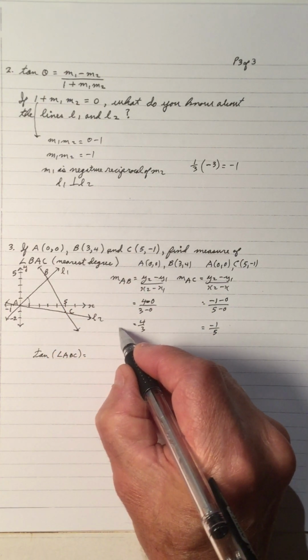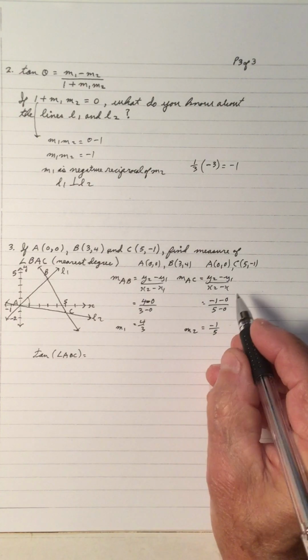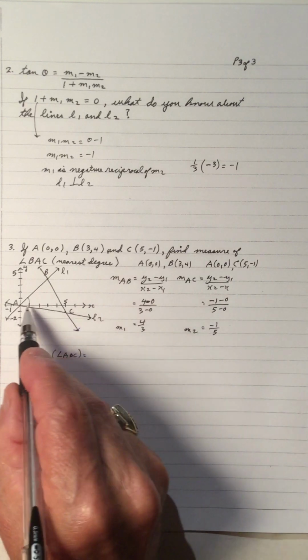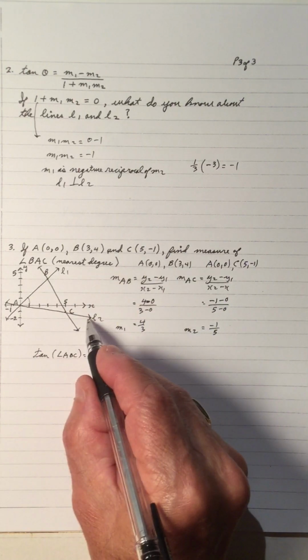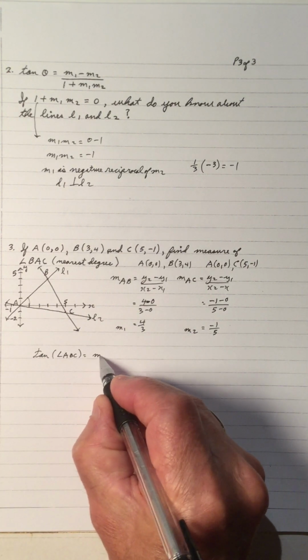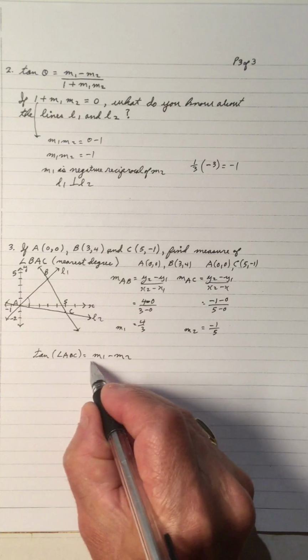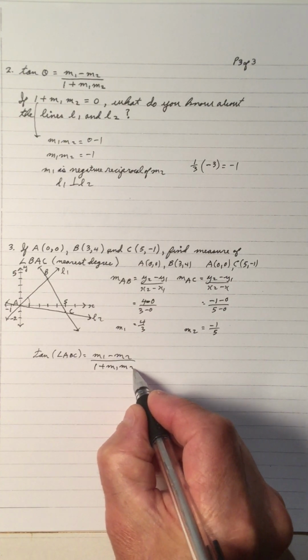So this is the slope of L1, and this is the slope of L2. We have this line AB and this line AC, and we want to find this angle. So the tan of the angle is m1 minus m2 all over 1 plus m1 m2.